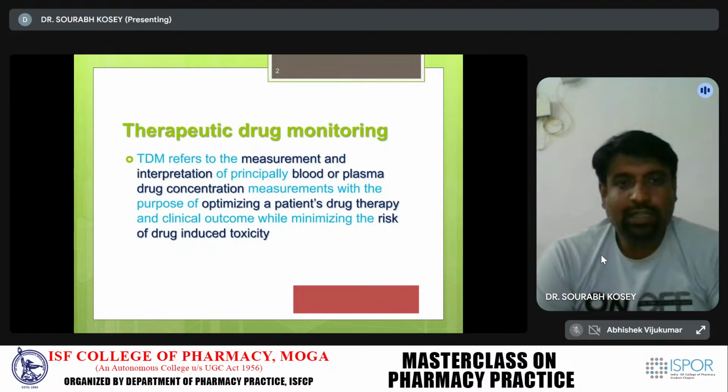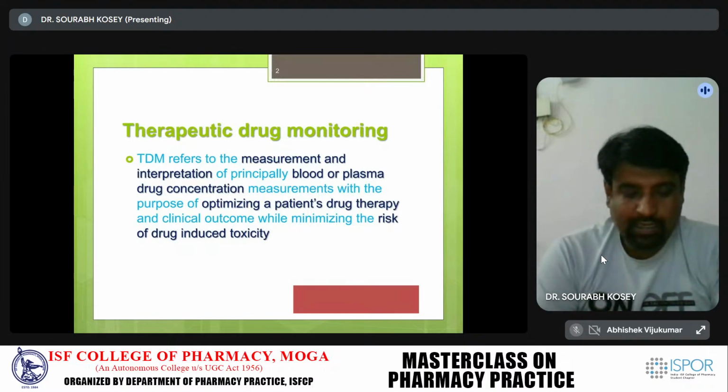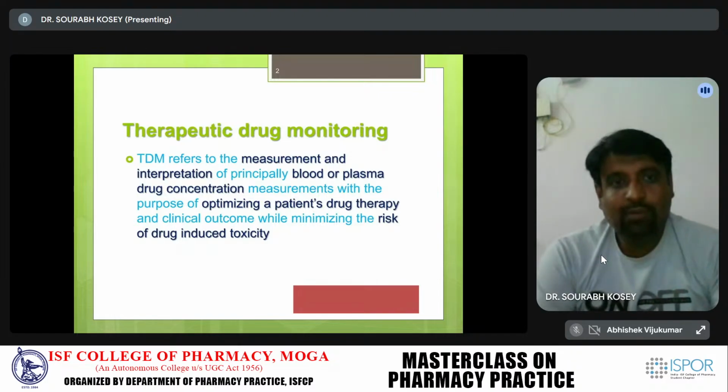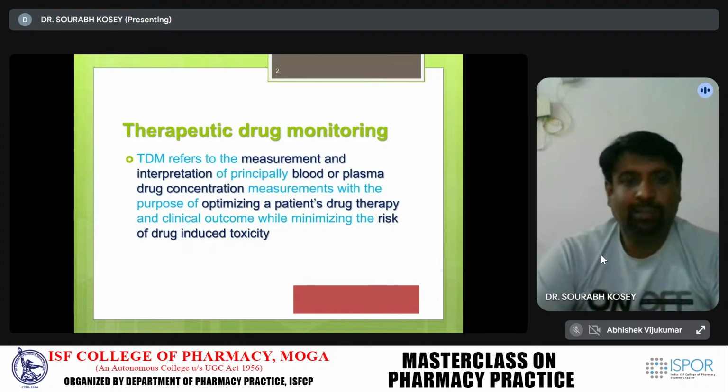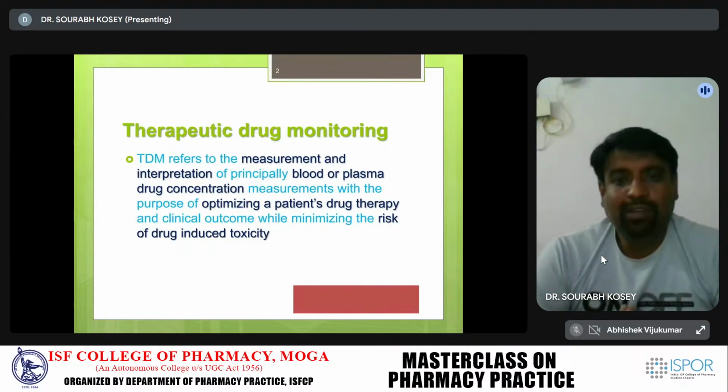Several medicines are intended to be measured in this way for the purpose of optimizing a patient's drug therapy and clinical outcome while minimizing the risk of drug-induced toxicity.